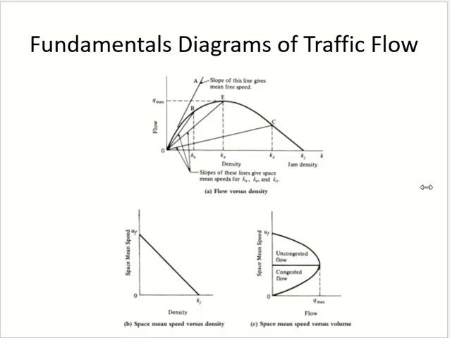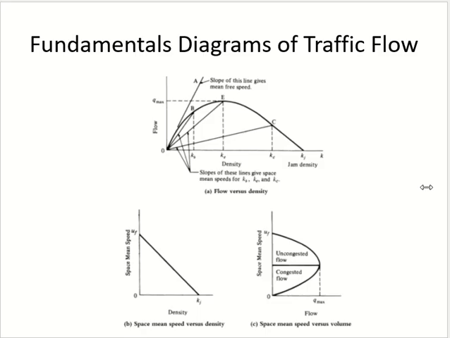So bottom left corner, the one between speed and density, which is very simple. As density increases, what happens to speed? Density increases, speed decreases. Make sense? More density means more cars, right?